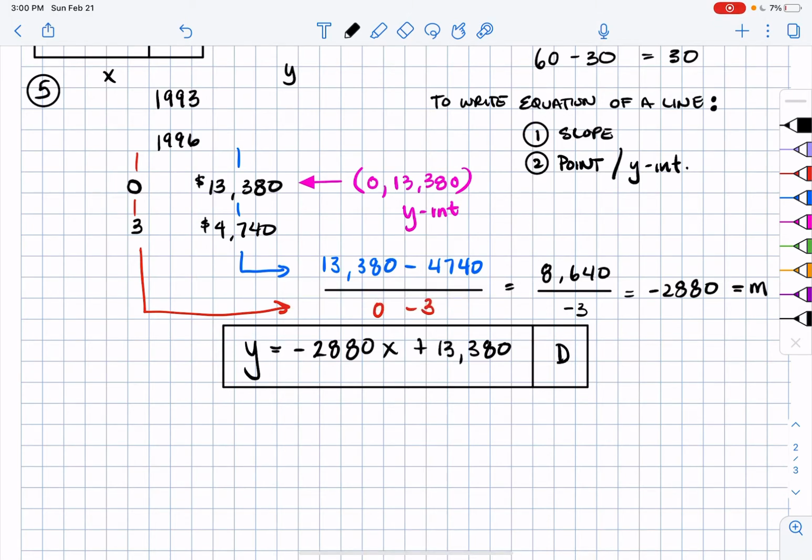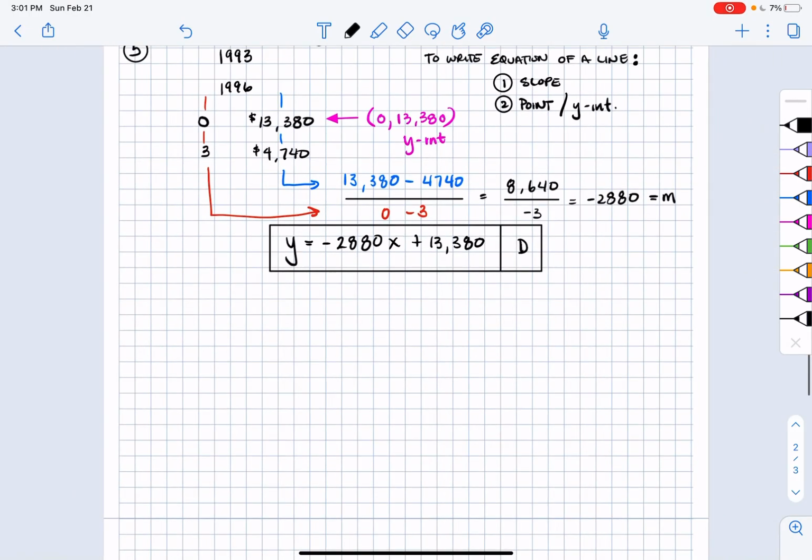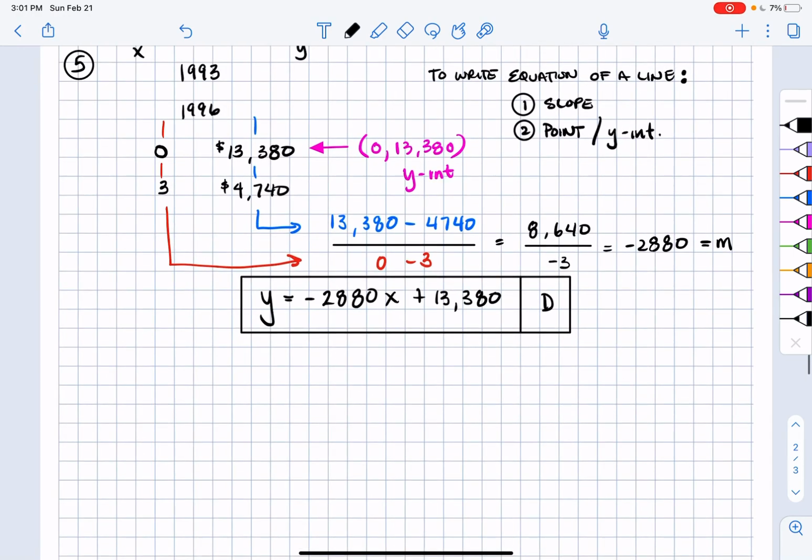But since it gave it to me, I'm very lucky. So there's my answer, and that is choice D. All right, on to 6. 7% left. And I finish.